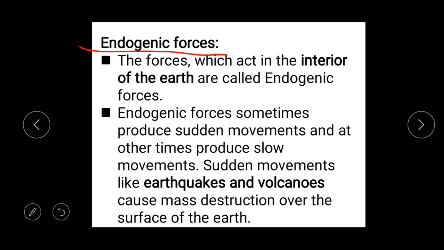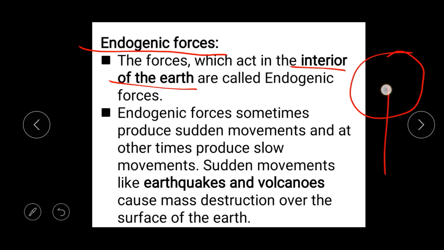The forces which act in the interior of the earth are called endogenic forces.